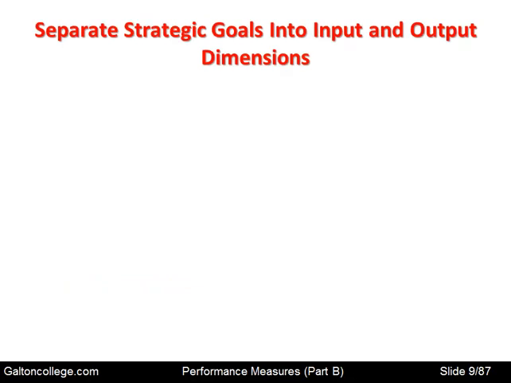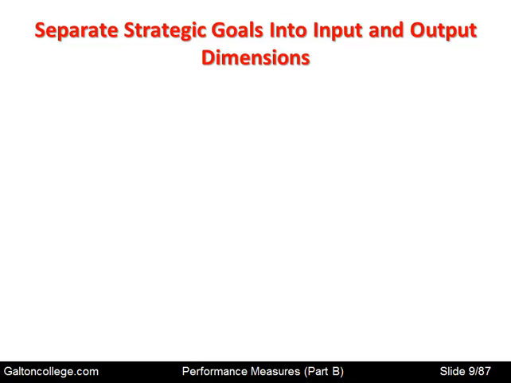Now, separate strategic goals into input and output dimensions. It's important to look at the strategic goals in terms of both inputs and outputs, because it's the interplay between inputs and outputs that determines the efficiency of the business.